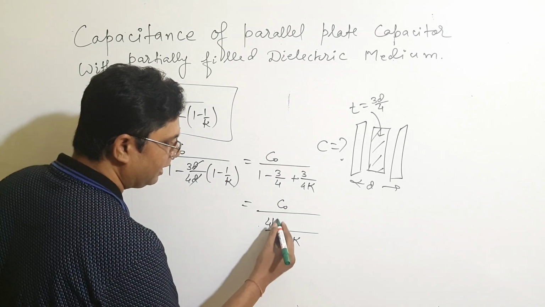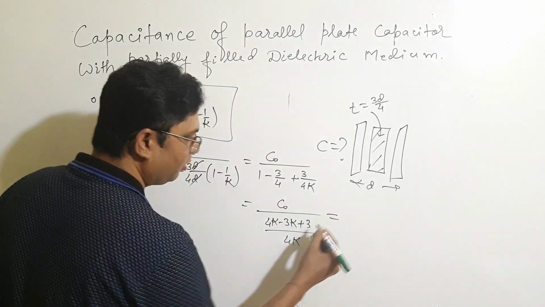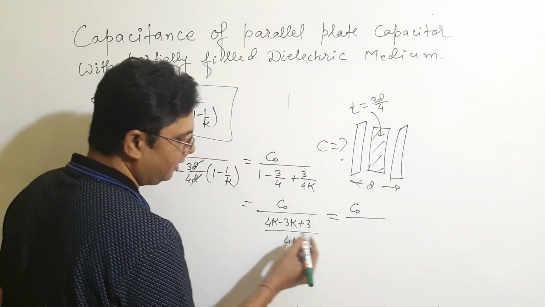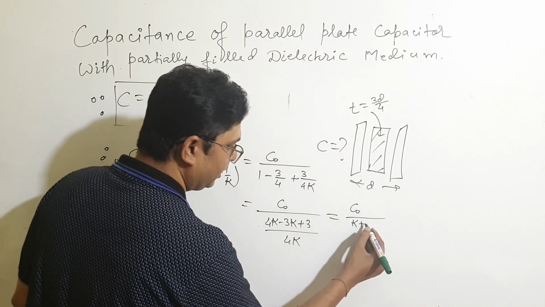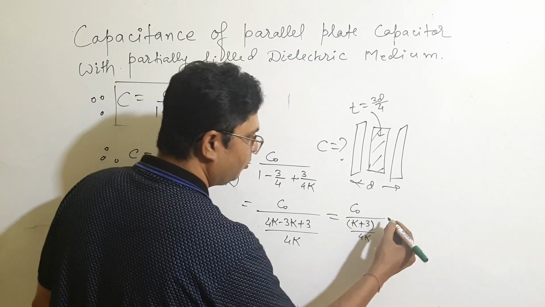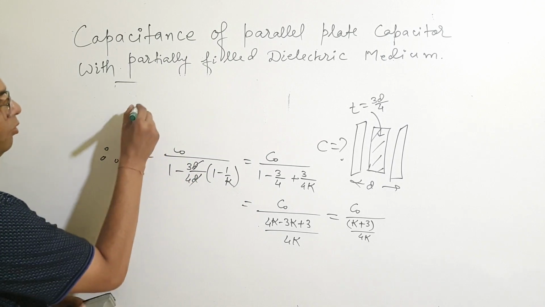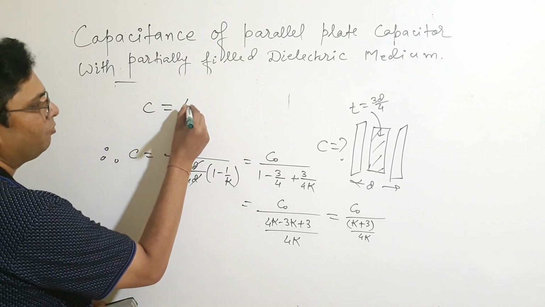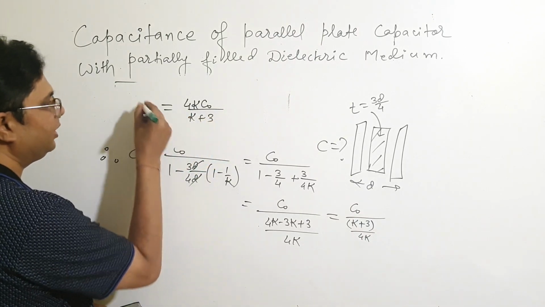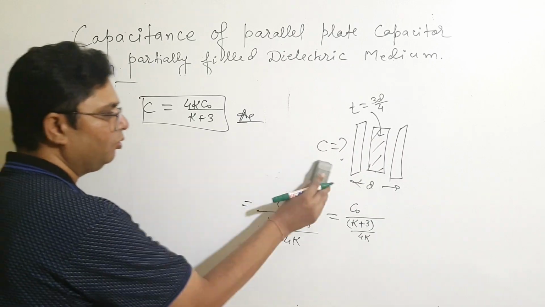Here you have 4K minus 3K plus 3. So you have C naught divided by K plus 3 over 4K. 4K moves to the numerator side. So C equals 4K C naught upon K plus 3. This is the answer.